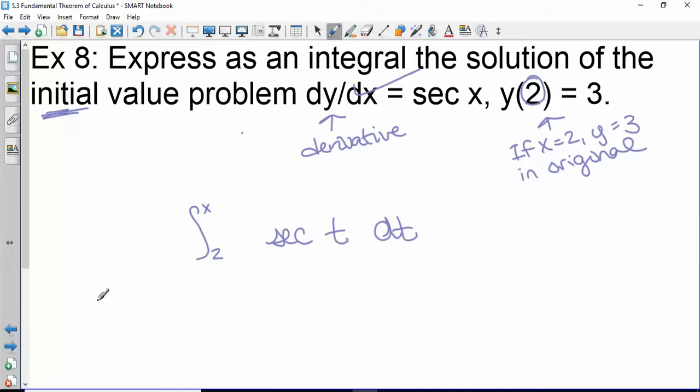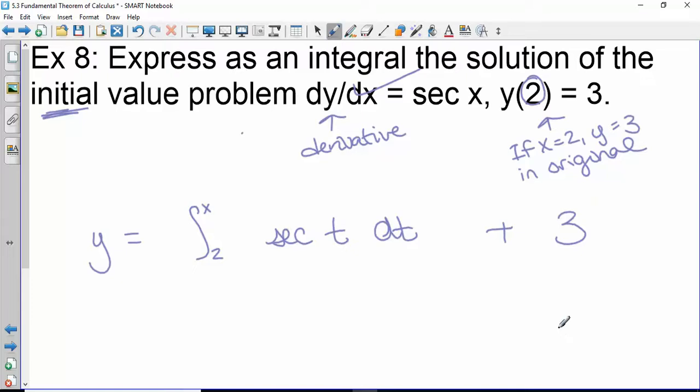So we need to figure out what we can do to this. This is like my y, my initial. When I plug in a 2, I need to get 3. If I plug in a 2 for my x, what's the integral from 2 to 2? 0. So what we could just do is add that 3 on the end.